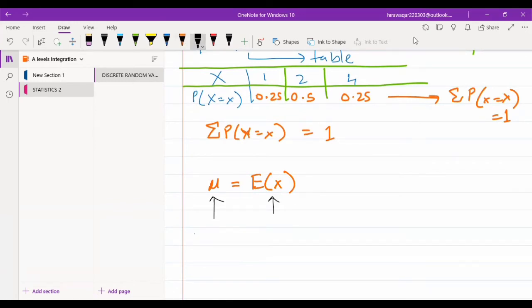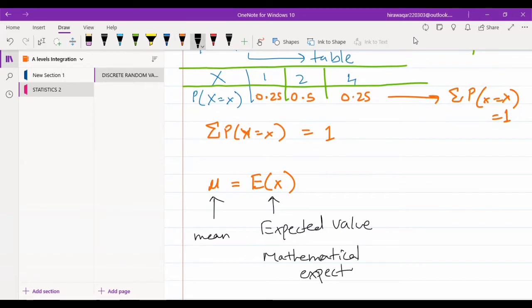These are all symbols of the mean. This is known as expected value or mathematical expectation. So there are numerous names given to this, but you should know that this is the mean.